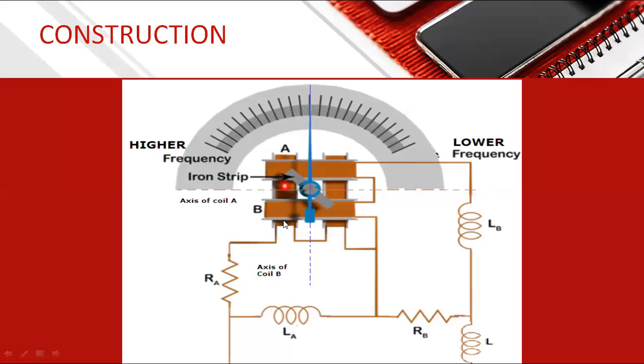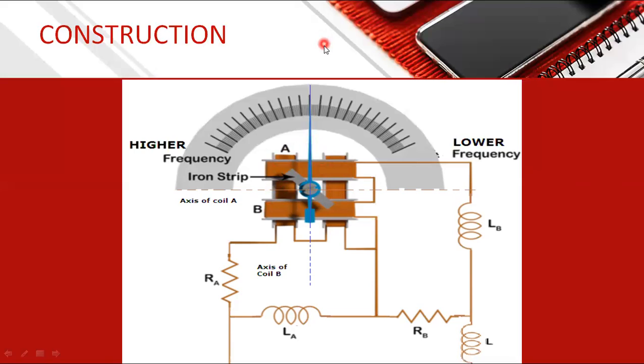You can see that the conductor in coil A is vertical to your view, and you can see that there are two coils for coil A which are connected in series, two sections here, and we have coil B. Coil B, the conductor of coil B is horizontal.